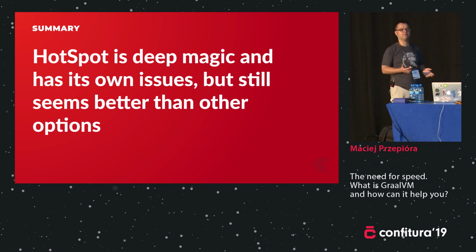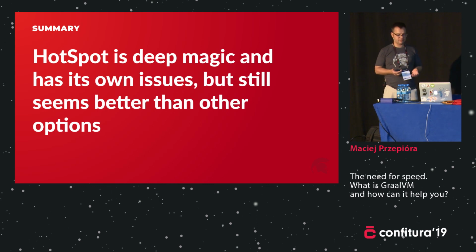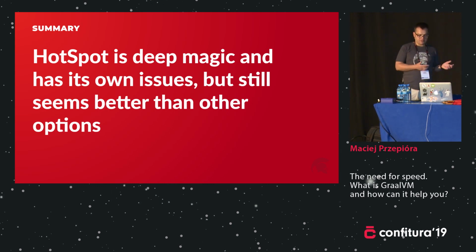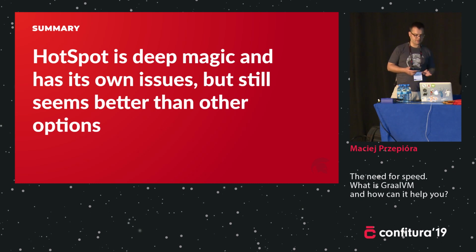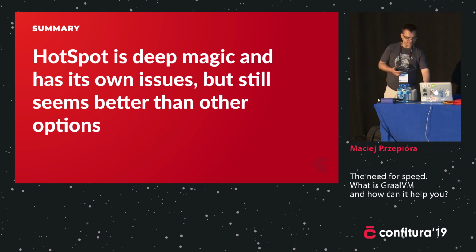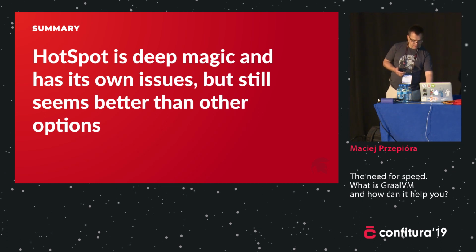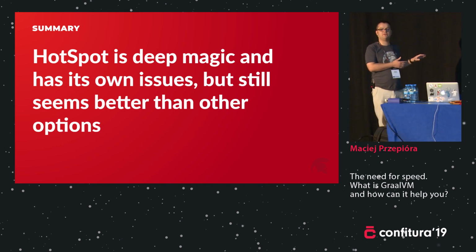There are not many people that understand deeply how HotSpot works and how to tweak it. My point here is the JVM is an engineering wonder, right? There is no doubt about that, but it has its issues. And those are the reasons, I believe, that GraalVM is really needed today, right?